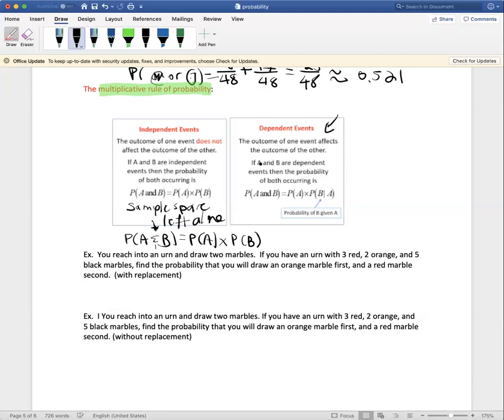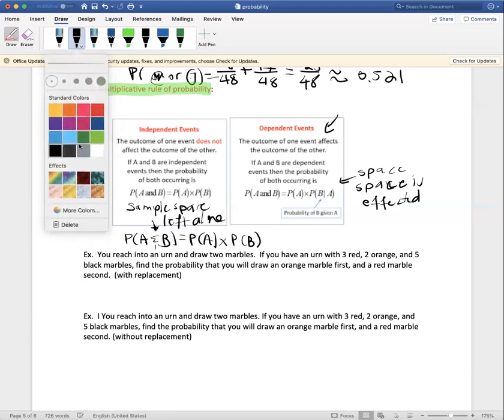And so if A and B are dependent events, then the probability of both of them occurring, the probability of A and B, is the probability of A times the probability of B given that A occurred. So in this case the sample space is affected. The outcome of one event relies on the outcome of another event.